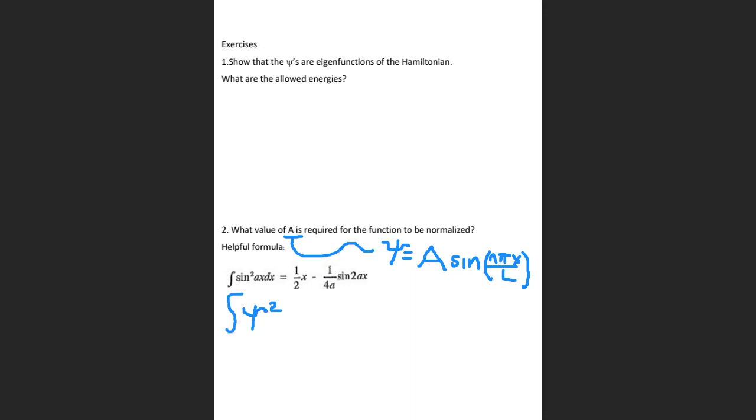And we know this function only goes from 0 to L. And that will be the integral of A squared sine squared of n pi x over L dx.